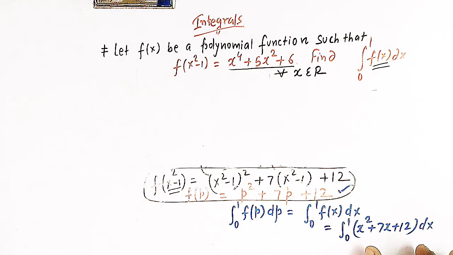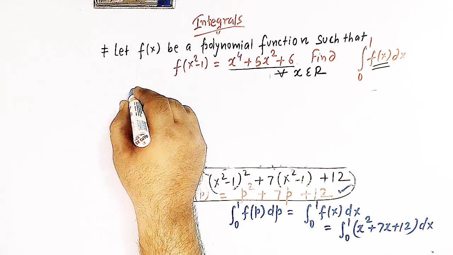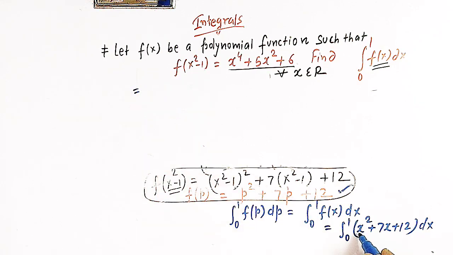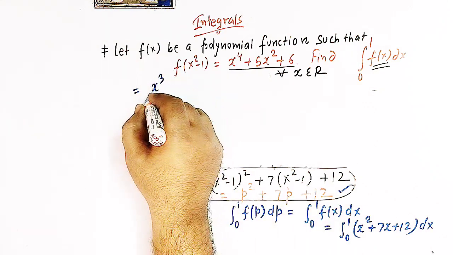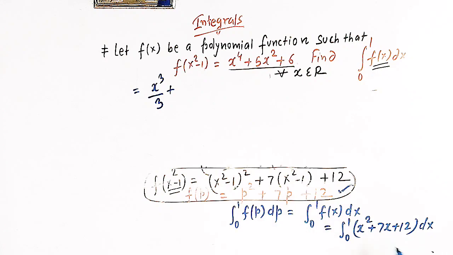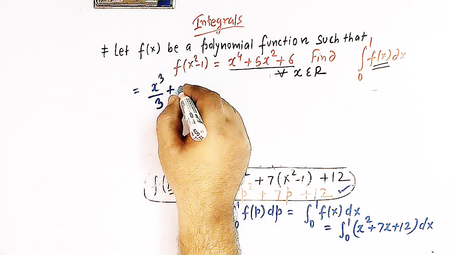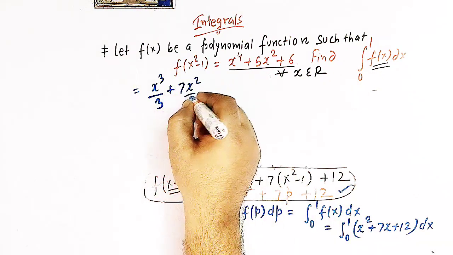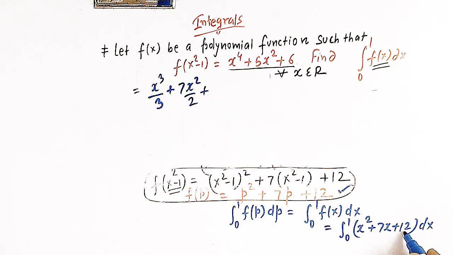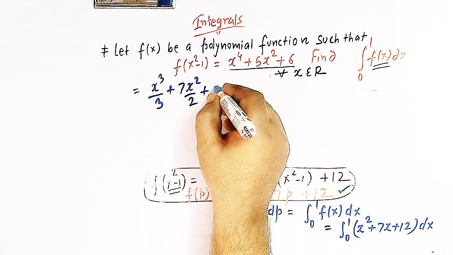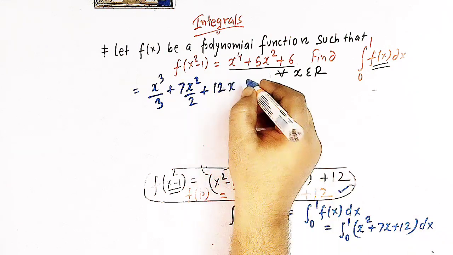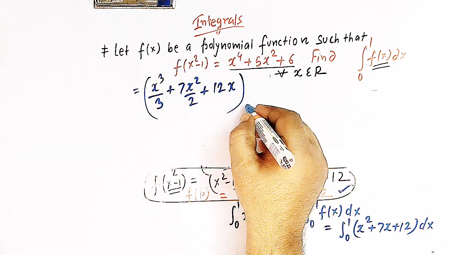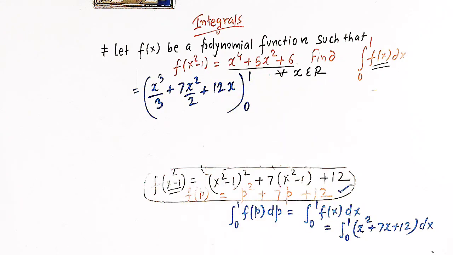So now we can easily evaluate this integral, and we can now write the integral of x square as x cube over 3. Then the integral of x is x square over 2, and then we have 12 here, and the integral dx is simply x, and the limits are from 0 to 1.